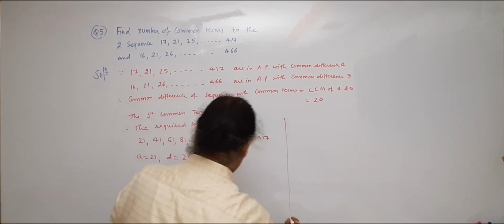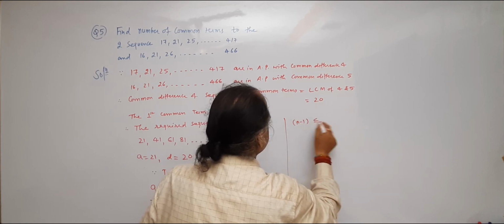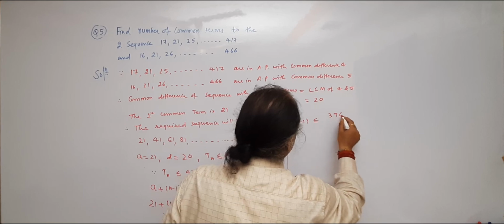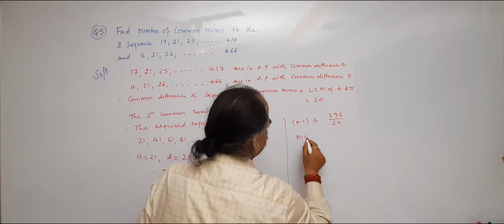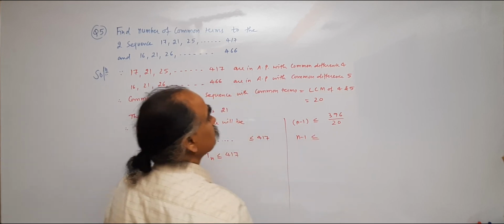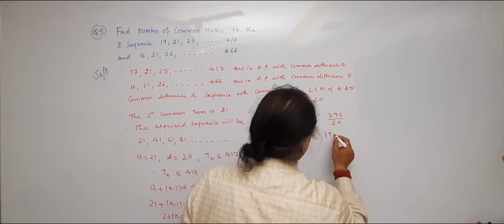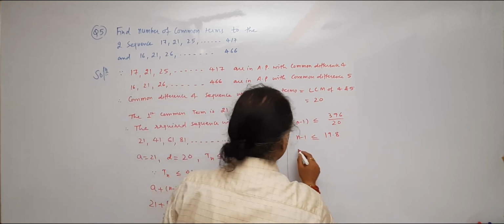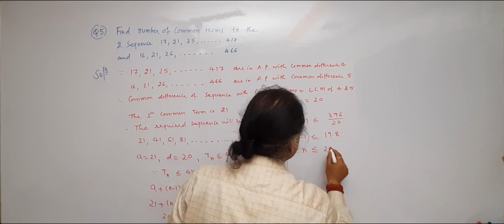So n minus 1 should be less than or equal to 396 upon 20. So n minus 1 is less than or equal to 19.8. So n is less than or equal to 20.8.